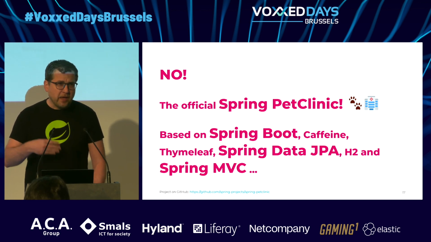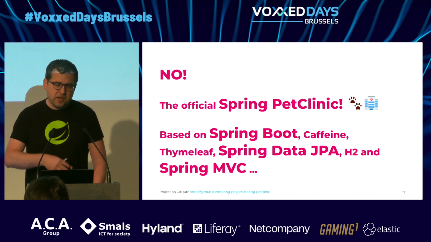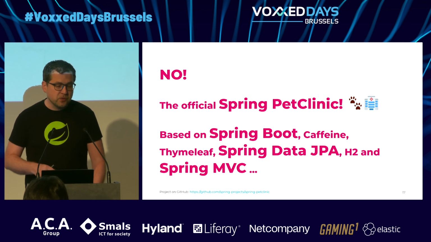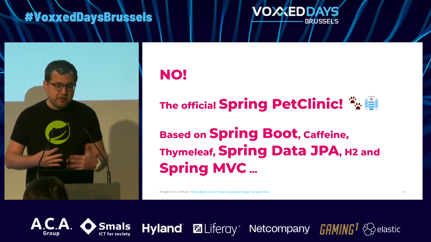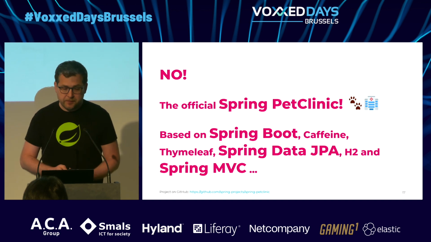Yes, I know there is also a variation where you could use MySQL or Postgres, but for my setup, H2 as an in-memory database is simpler to use and do the benchmarks with. That's why I'm using H2 here. And then obviously, the workhorse in the Spring ecosystem for all the web frameworks is Spring MVC. So that's the variation of the Pet Clinic we are going to use, the original one.